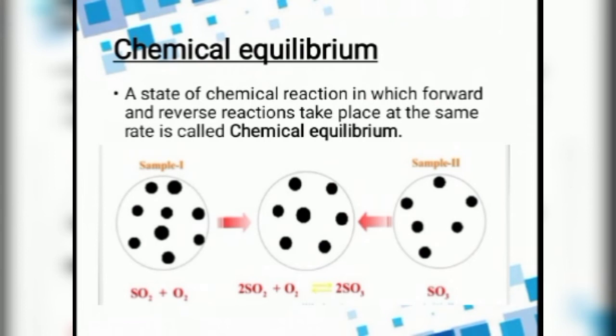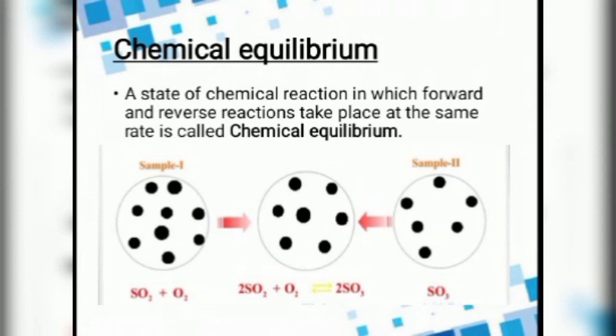As you see in the picture, the molecules of SO2 and O2 react to form SO3. Molecules of SO3 then decompose to give SO2 and oxygen, which are reactants. In the first reaction from left to right, SO2 and O2 produce SO3.